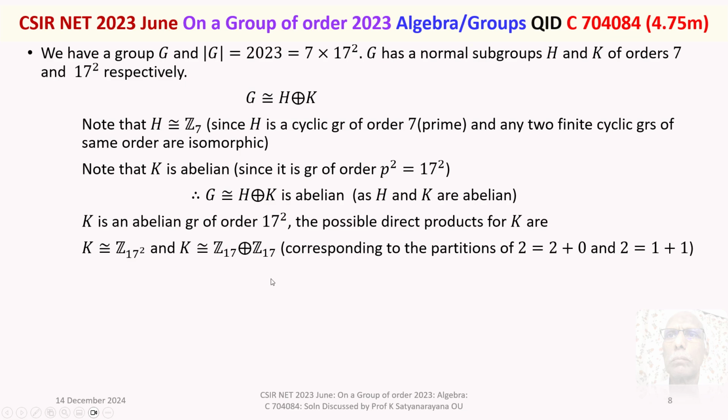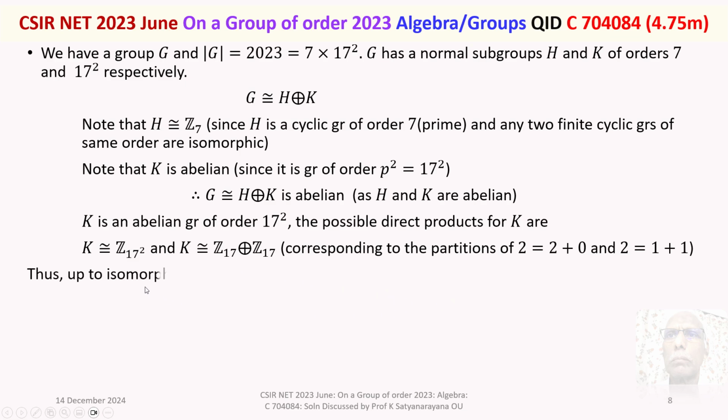Z17 square corresponds to the partition of 2 written as 2 plus 0, and the other partition of 2 is 1 plus 1, which corresponds to Z17 ⊕ Z17. So there are only two partitions for 2. For these two partitions, we get the direct products written like this.